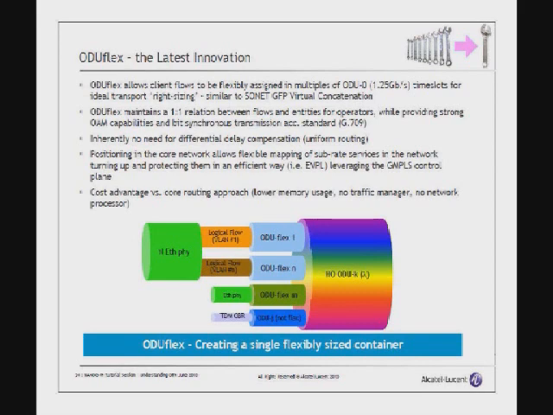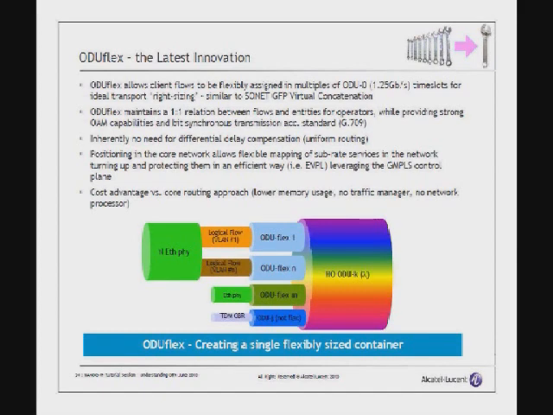There are some challenges on how you dynamically resize this, because one of the key goals is not to impact the existing traffic that's running over the ODU Flex container. So being able to set up protocols to allow for this dynamic resizing still needs to be worked.